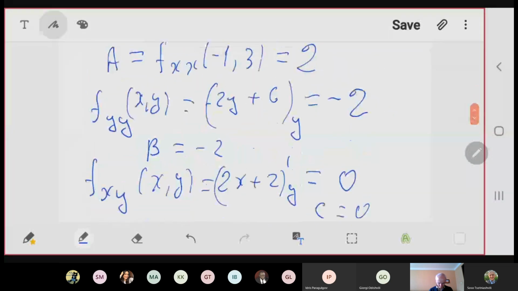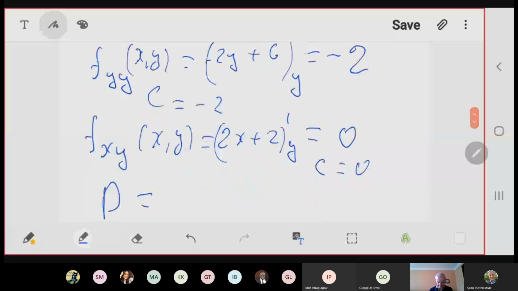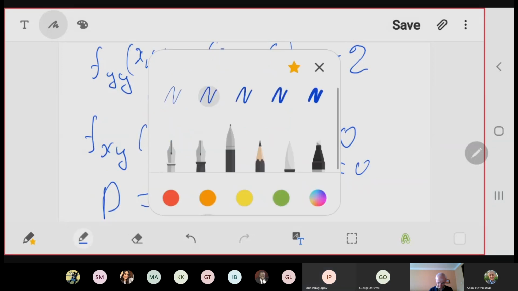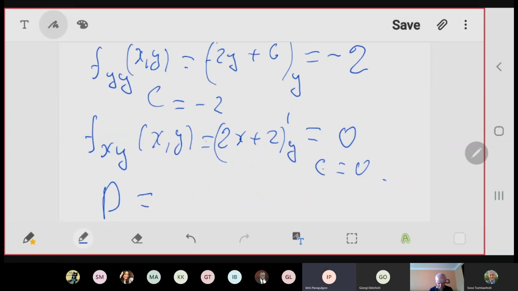It's C. Here should be C. And f_xy is 0, and according to our denotations, it's B.